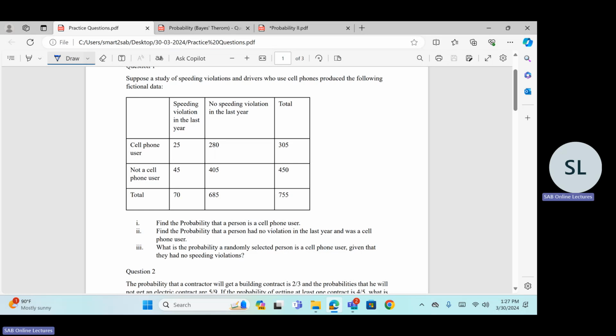Then using the formula, how to get the value? Cell phone user is the event A, no speeding violation is the event B. Understood? Then how to write the conditional probability? First is the no speeding violation, then write the A. A given B. Then what is the formula?